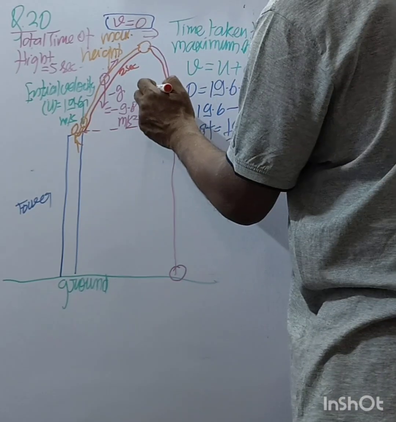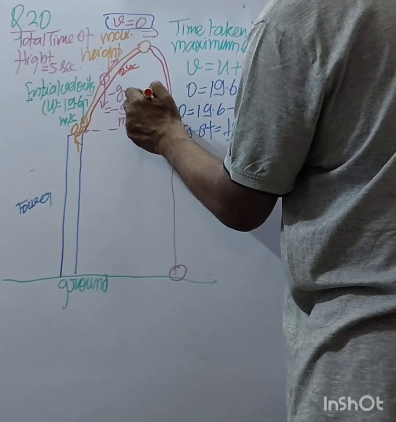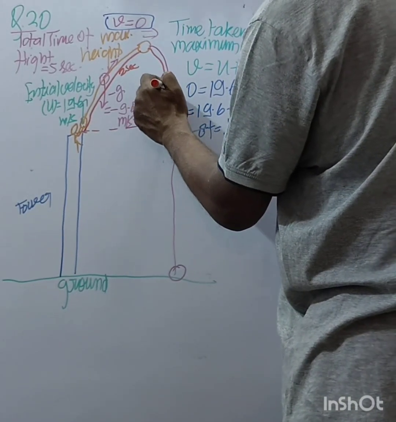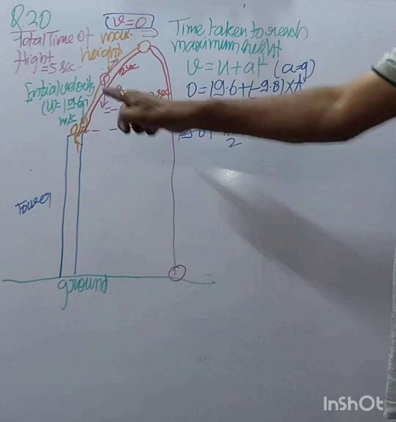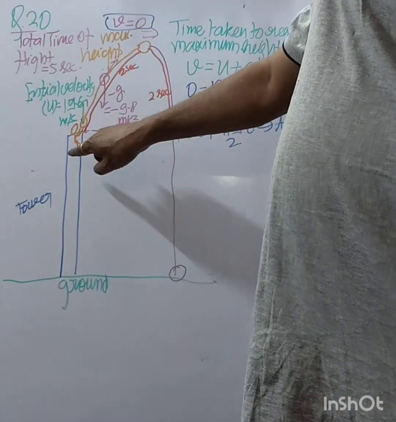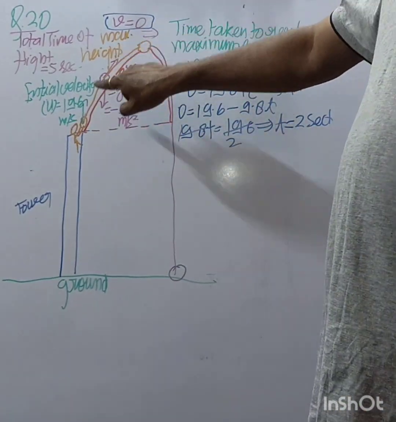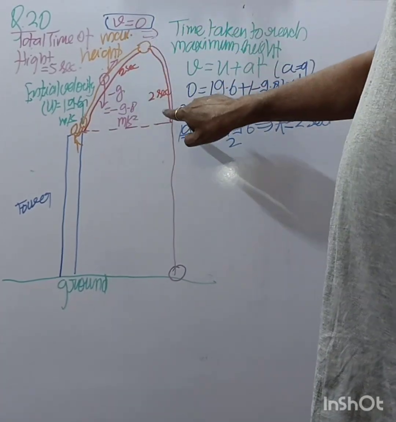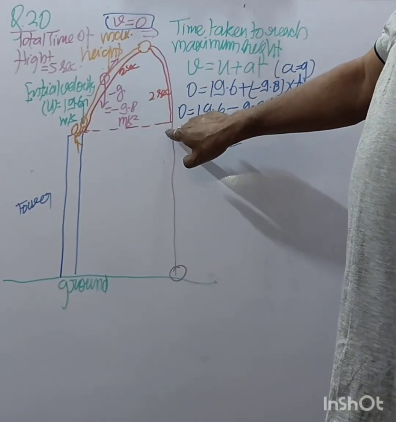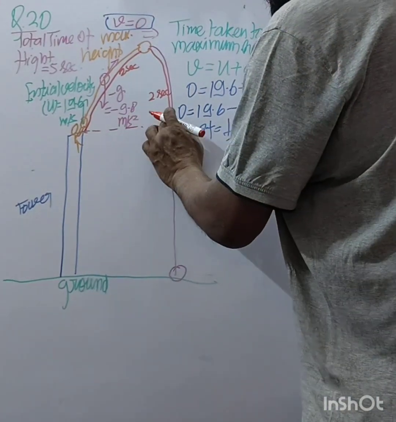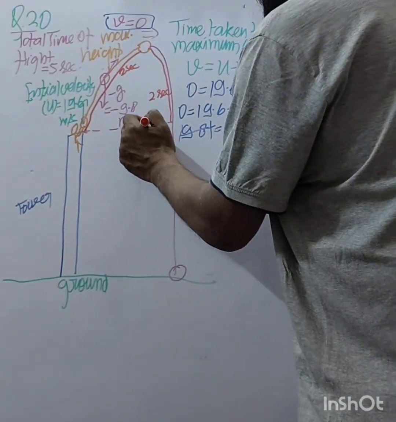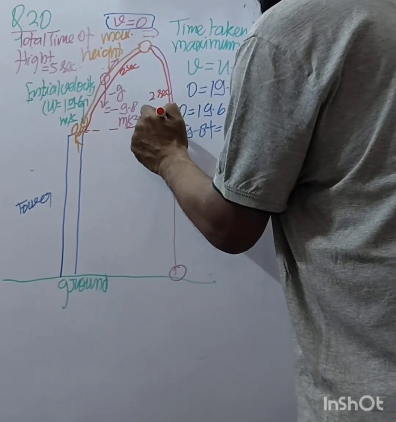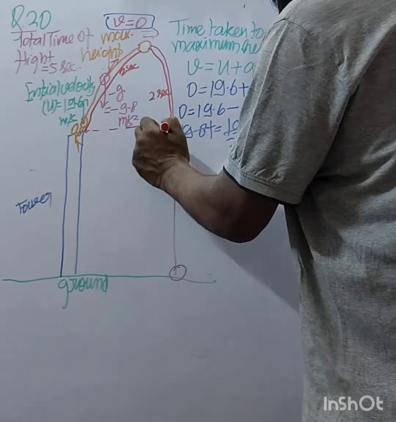How much time it takes from this point to maximum height and coming back to this point is 2 seconds plus 2 seconds, so it is 4 seconds.